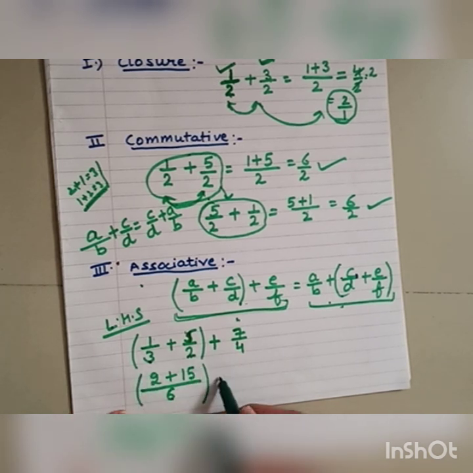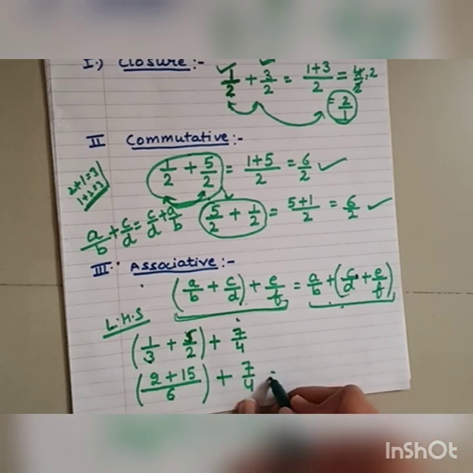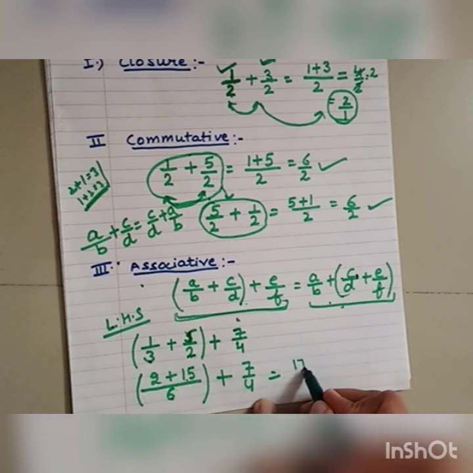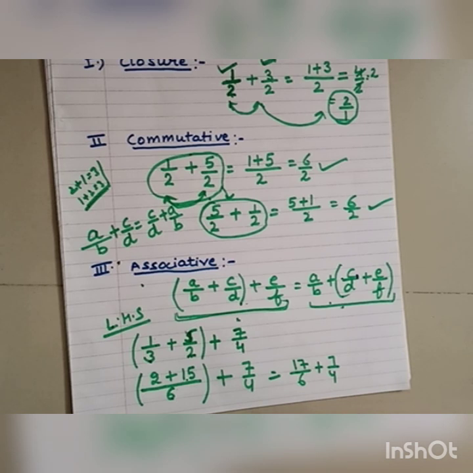In brackets we have to solve this first, then add 7 by 4. Now 15 plus 2 is 17, so 17 by 6 plus 7 by 4.